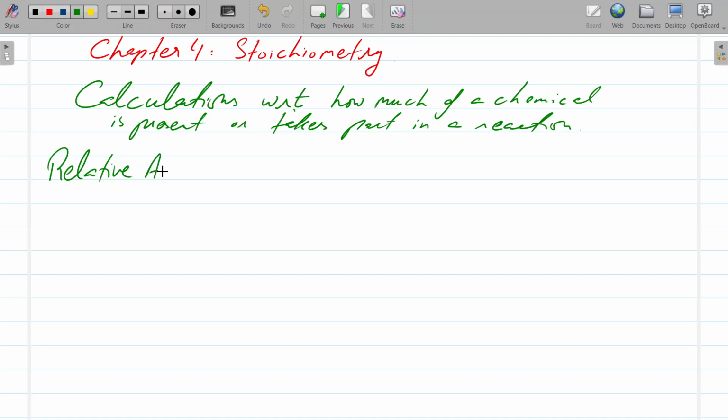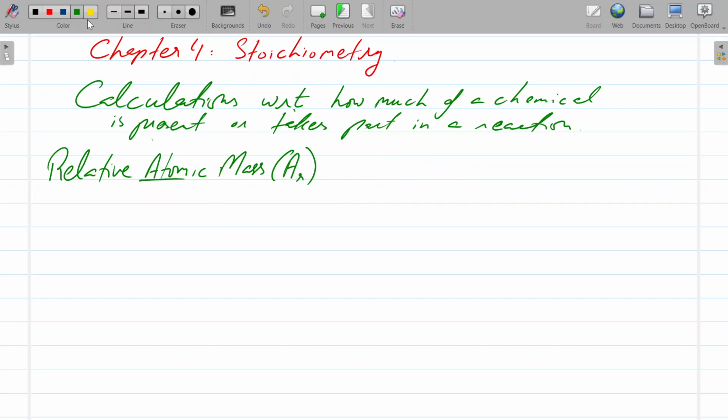Relative atomic mass, given as Ar. The r needs to be a smaller subscript, otherwise if you write Ar, it's going to look like argon, which is an element. That's not what we're writing.